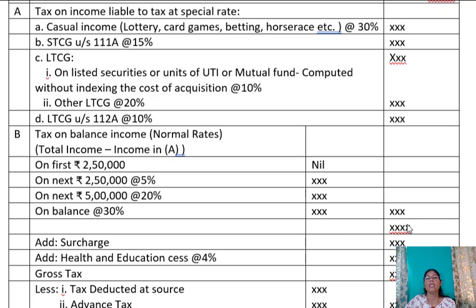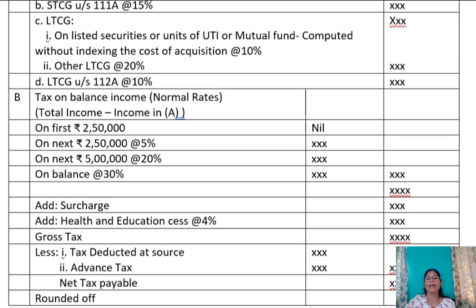In other case, if the total income exceeds 50 lakh rupees, then we have to charge surcharge at the rate of 10%. And if it is above 1 crore, then the rate goes higher. So after adding surcharge, then we have to add health and education cess on the tax as well as the surcharge at the rate of 4%. So there we get the gross tax liability.